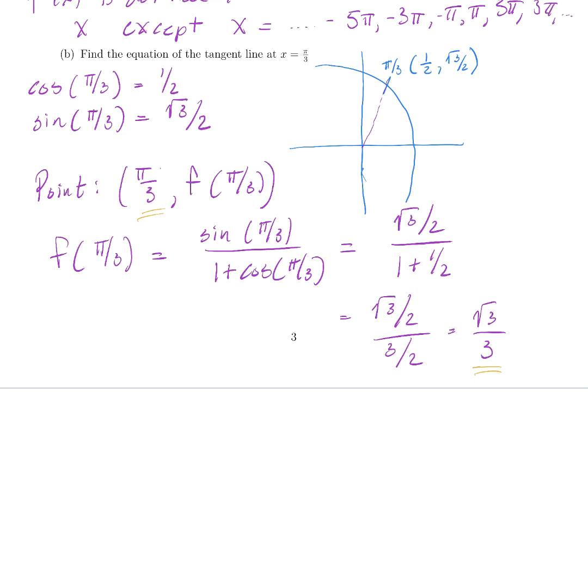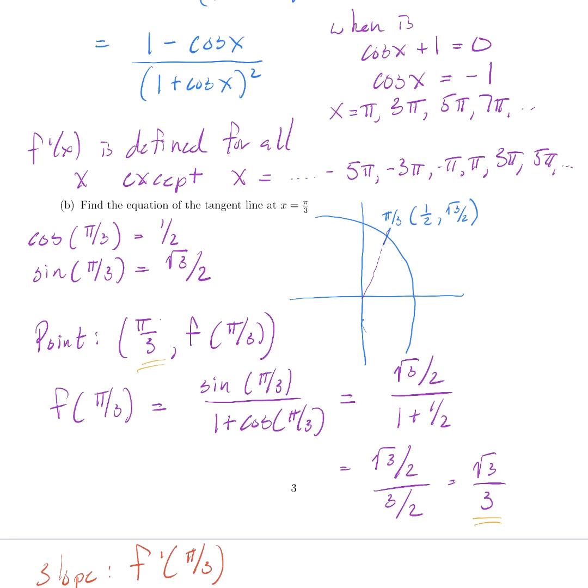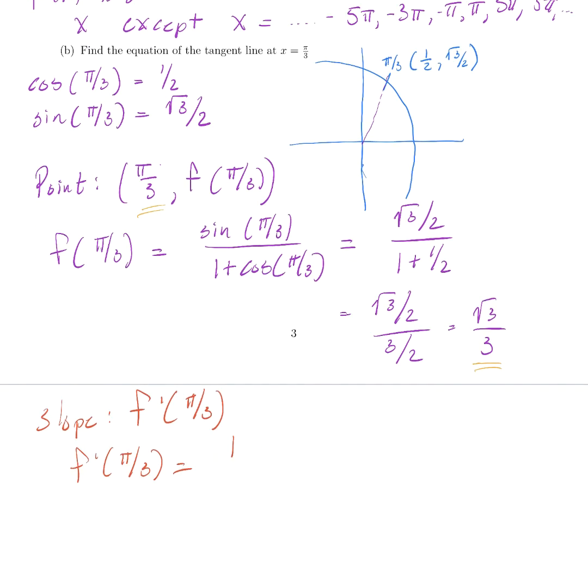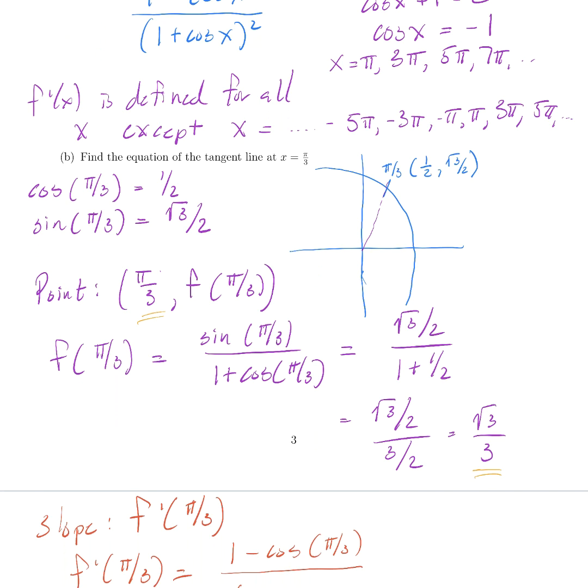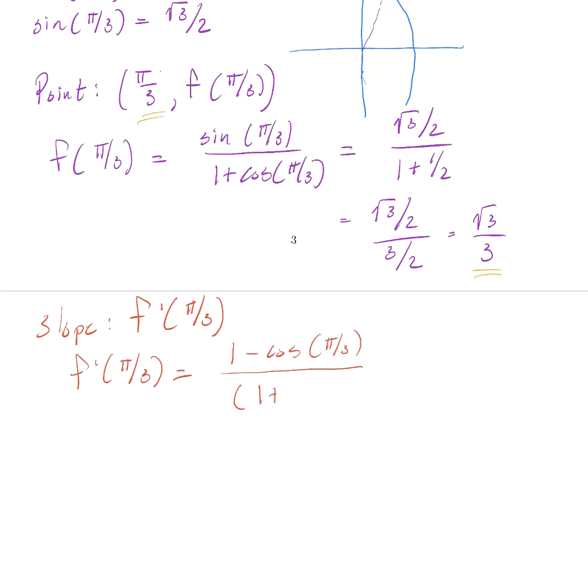Okay, now we also need to get our hands on the slope of the tangent line. The slope then is f prime at pi over 3. And f prime of pi over 3 is, let's see, let's go back up. We have the derivative. It's 1 minus cosine of pi over 3 divided by 1 plus cosine of pi over 3 squared.